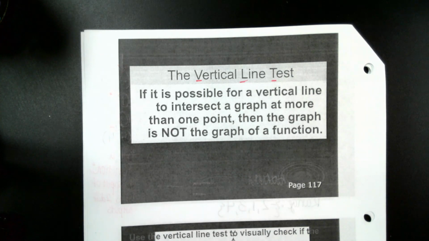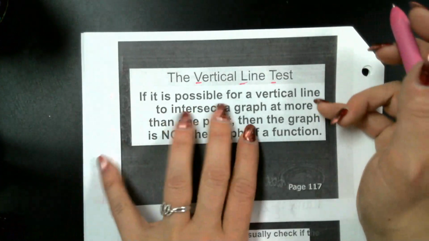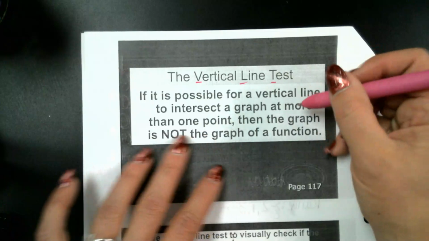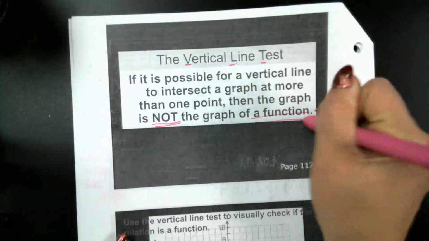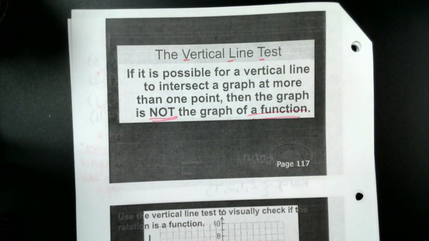That means it has the same x value twice, which we know is not allowed. Okay? So it says, if it is possible for a vertical line to intersect a graph at more than one point, it is not a function. If it only goes through one point at a time, we're good. If it goes through more than one, we're going to say no. All right? Pick up those pencils.